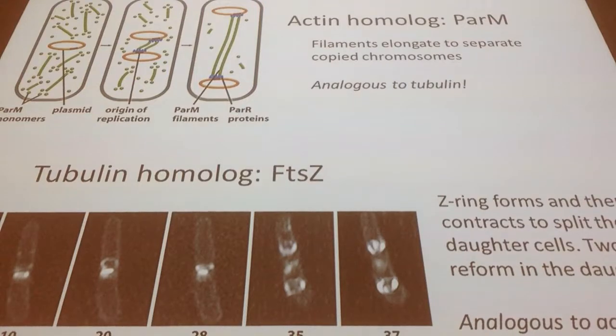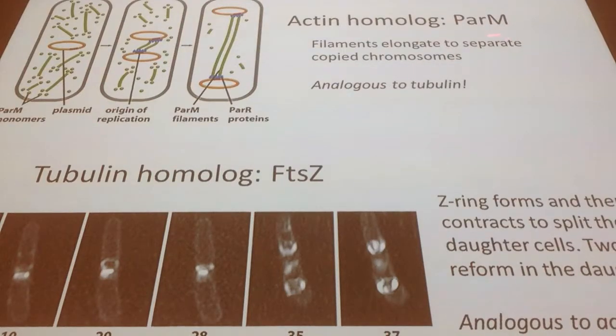However, the monomers that make up these polymers are homologous to the opposite monomer than in the eukaryotic cell. Does that make sense? If you remember that, just remember opposite. That's how I remember it. So ParM is a homolog of G-actin, and FtsZ is a homolog of tubulin.